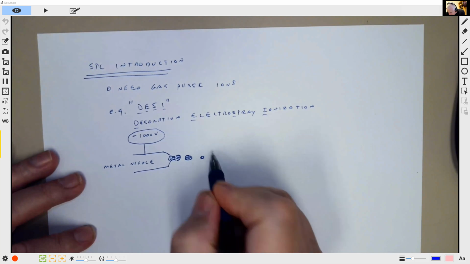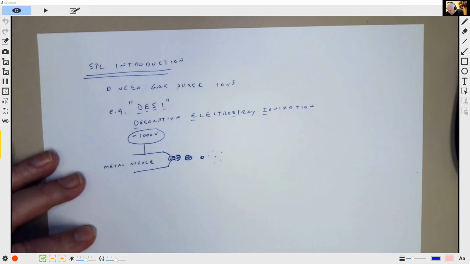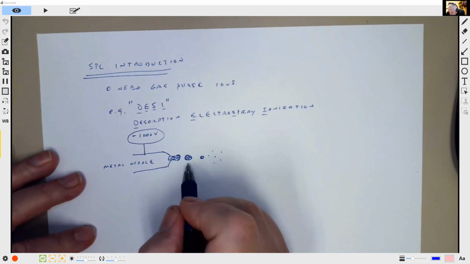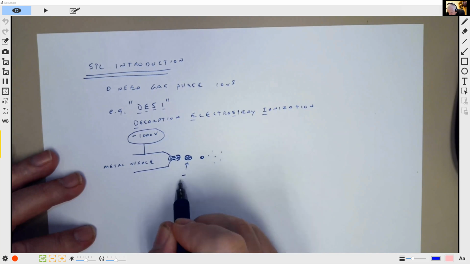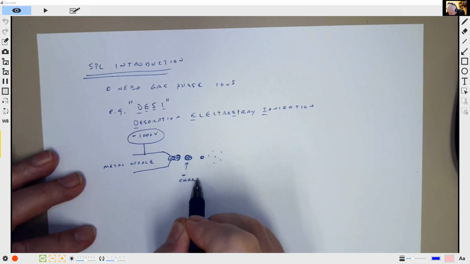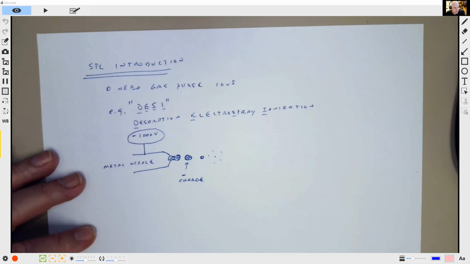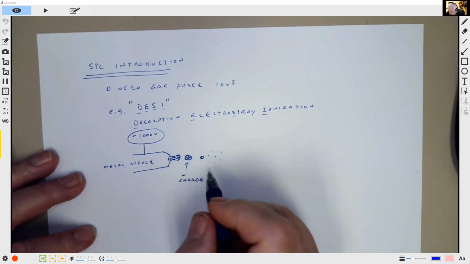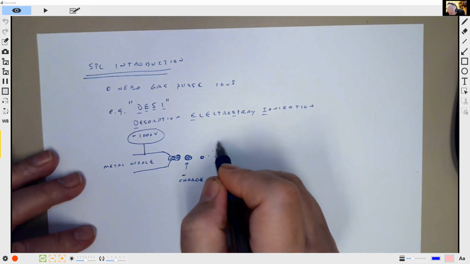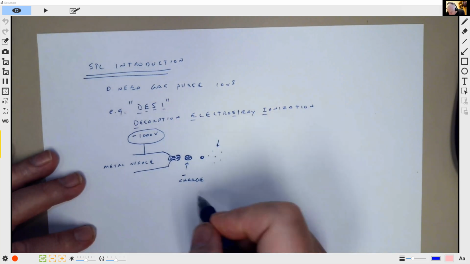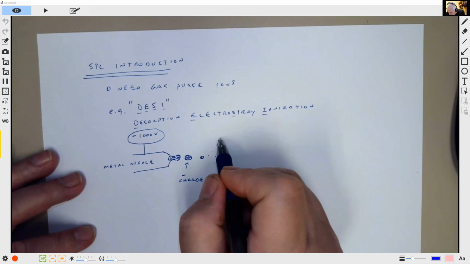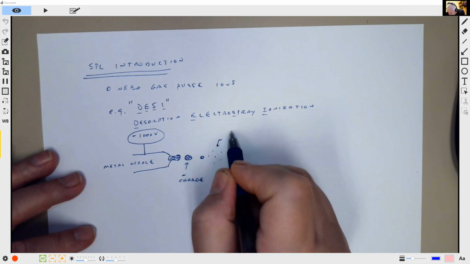And what will happen is that the surface of the droplets will pick up a negative charge. And then this will cause the negative charge density on the surface plus the solvent evaporation.